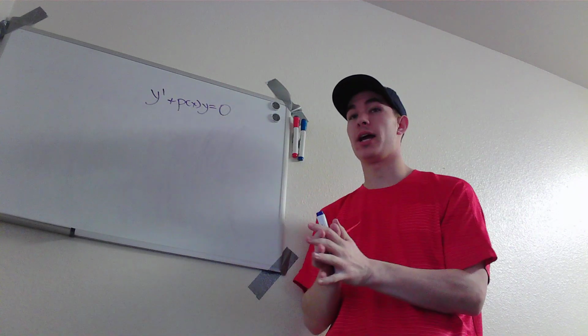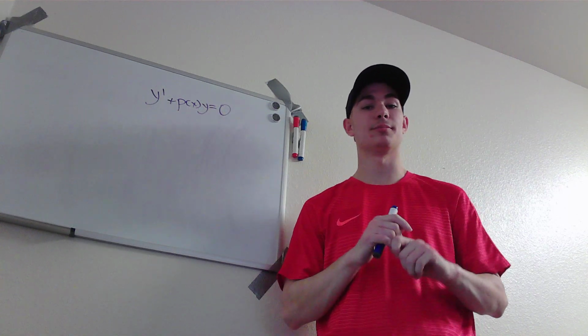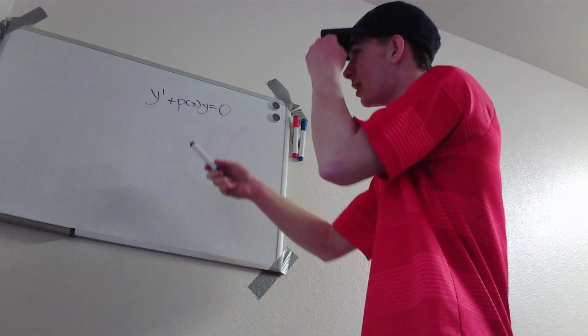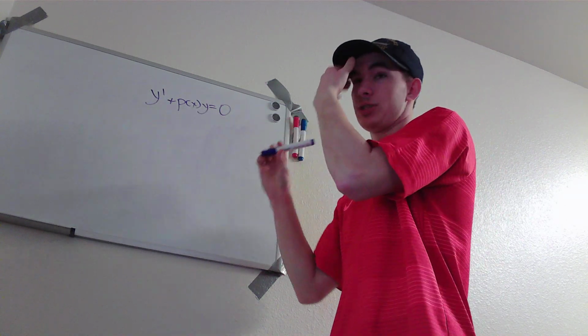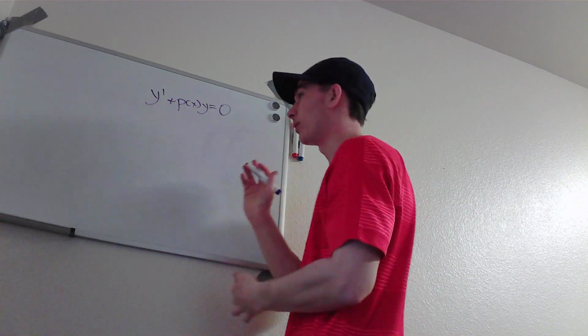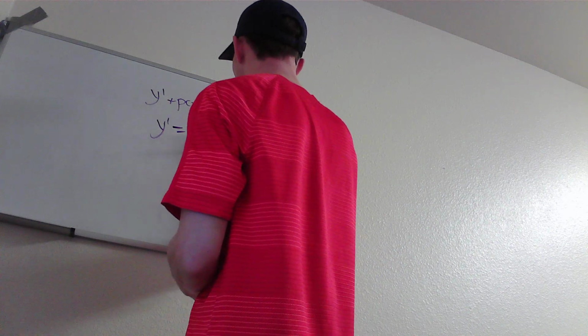If you're not given y and you're told to solve this differential equation, here is what you do. So you have y prime plus p(x) y equals 0. First things first, you subtract the p(x) y over. So y prime is equal to negative p(x) y.